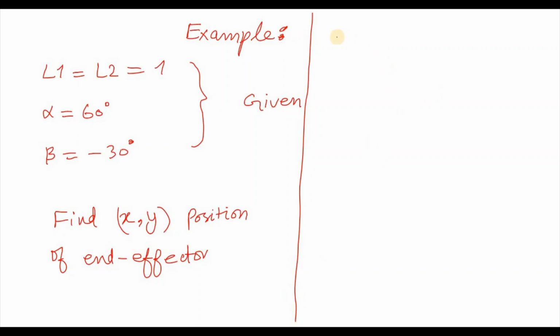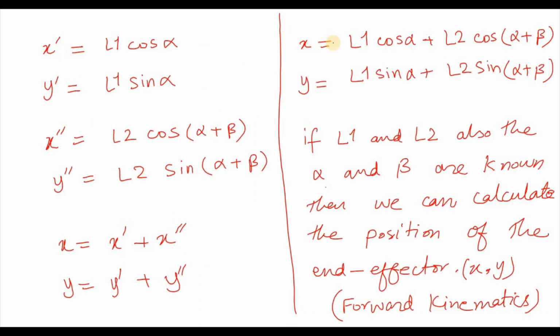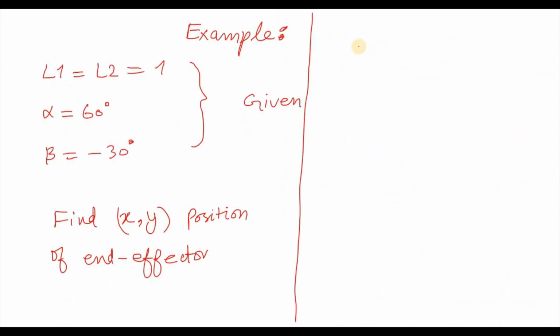So using these formulas that we have derived, we can find the x coordinate, which is L1 cos alpha plus L2 cosine of alpha plus beta.